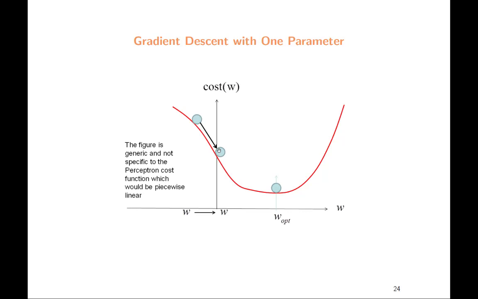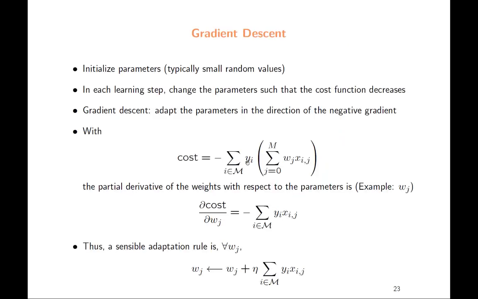In the next step, you end up maybe here on the second point, and then at the end, you find the optimal parameter here, which minimizes the cost function. So what we need is to find the direction of the negative gradient. The positive gradient would go in this direction, the negative gradient goes in this direction.